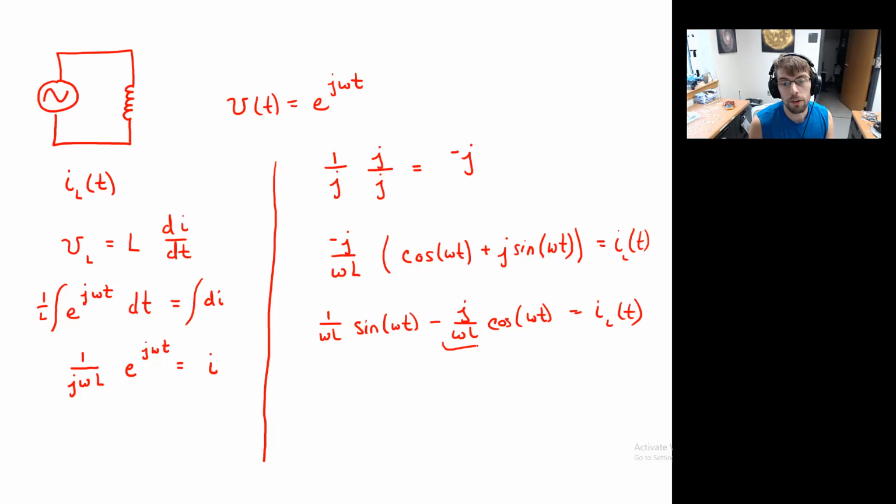This is the imaginary piece. We introduce the imaginary piece into the potential, which results in an imaginary piece in the current, which we don't care about. And so I find that my final current is given by sine omega t equals IL of t.